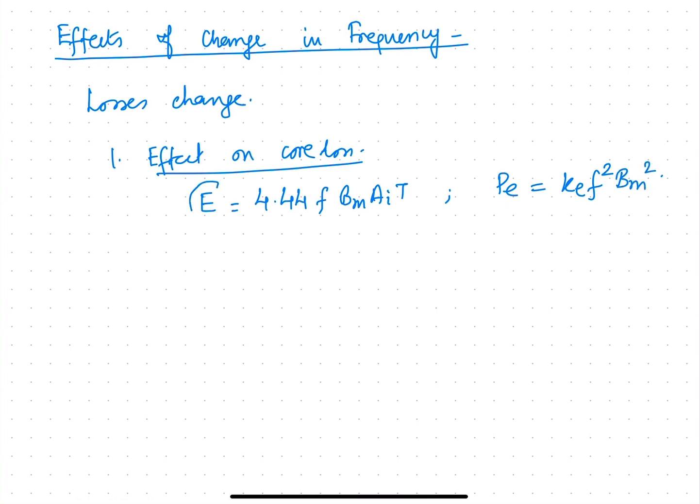If you keep this voltage E constant, then the term f into B is constant. You can see it here. If you have E constant, then this f into B product is constant. So the eddy current loss will remain constant as long as this E is kept constant.